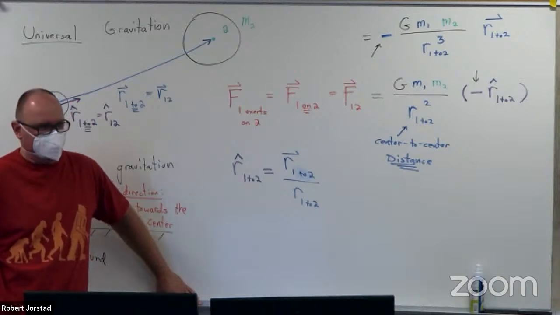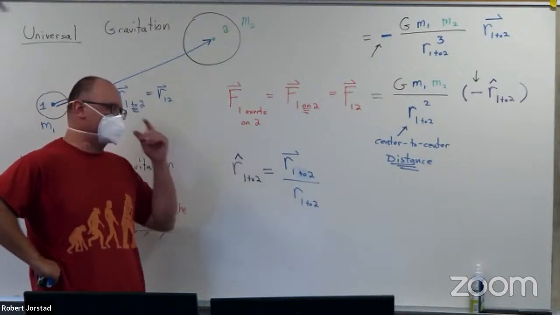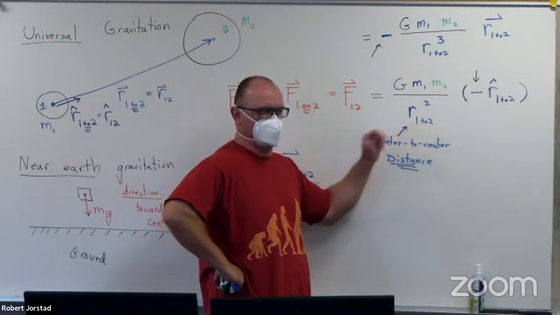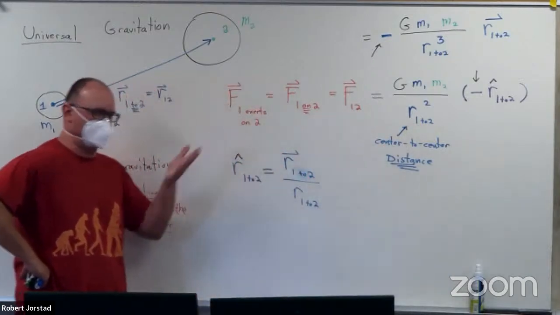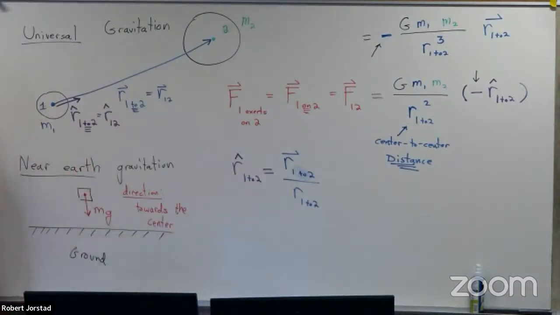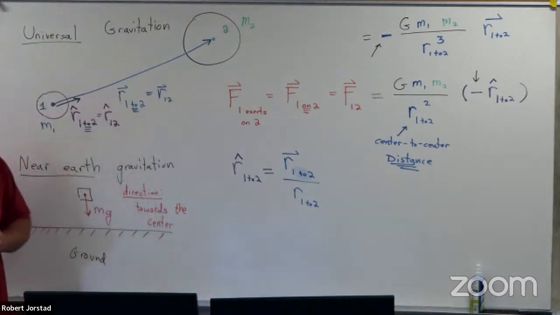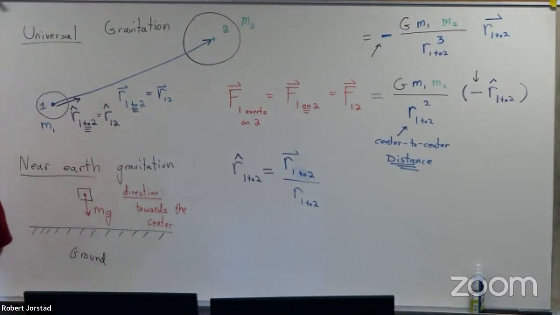Pretty soon it gets hard to keep track because you've got 1 to 2, 2 to 3. So it's easier in the long run to just get used to keeping track of each separate vector. Does that make sense? You don't need it for 2, but for 3 or more, which is more standard, and that's going to be your final exam question, so let's get used to it. Usually I put a 3-mass system on your final. All right.